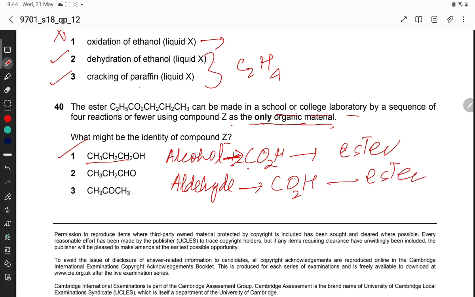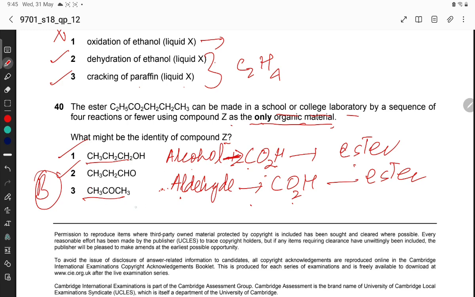First alcohol is oxidized to carboxylic acid and then it reacts with alcohol to form ester. Aldehyde is oxidized to carboxylic acid and then ester. Aldehyde is also reduced to form alcohol, so it reacts with carboxylic acid to form ester. So option B is correct.